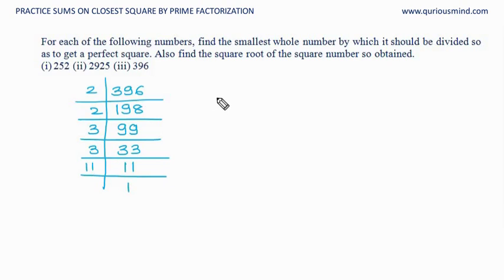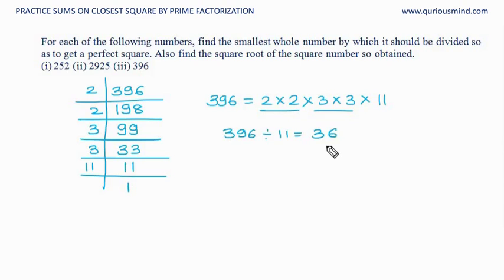We got all the factors of 396. We have 2 and 3 in pairs, but 11 is alone. So we'll get rid of 11 to get the perfect square. To get rid of 11, we'll divide 396 by 11. We get 36. And hence 36 is the square number.